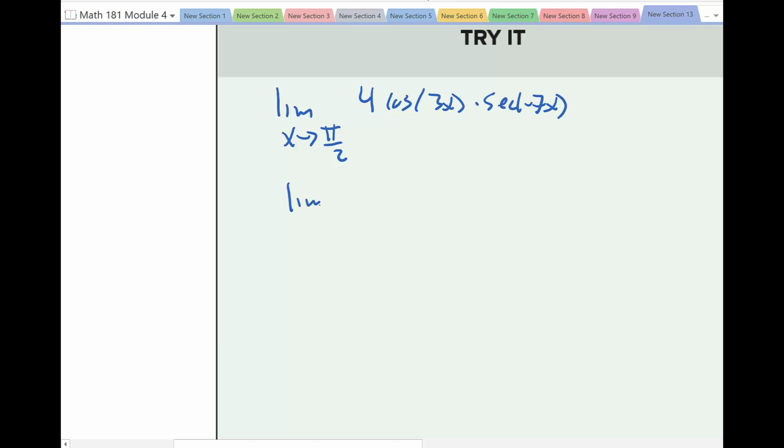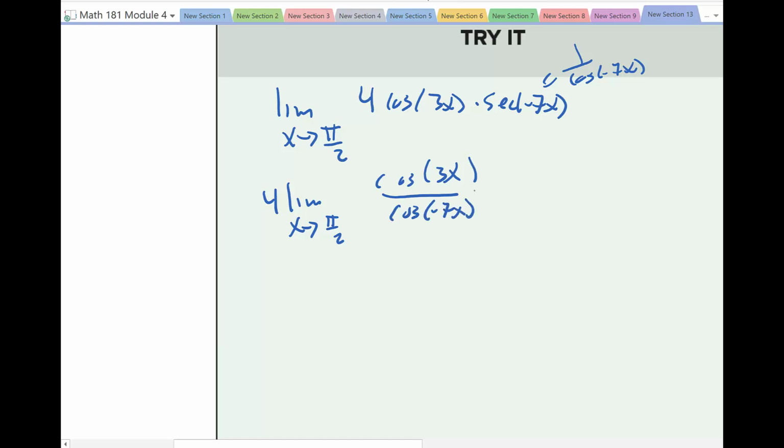We have the limit as x goes to pi over 2 of 4 times cosine. And why don't I take that 4 and put it out front? So it'd just be cosine of 3x over, and so this secant could be written as 1 over cosine of negative 7x. So now we have, putting pi over 2 in there, a 0 over 0 case, we can apply L'Hopital's rule.